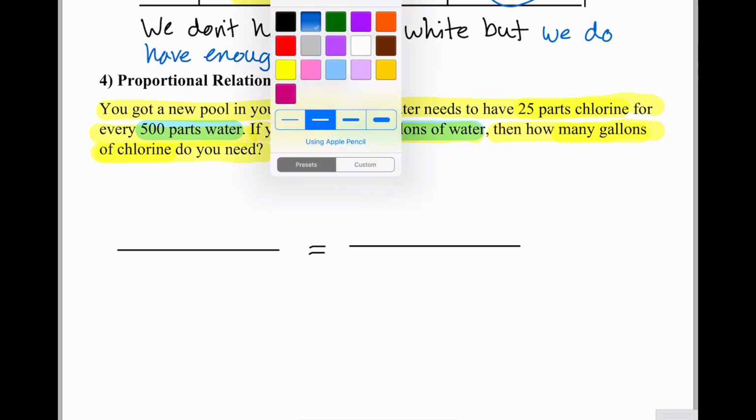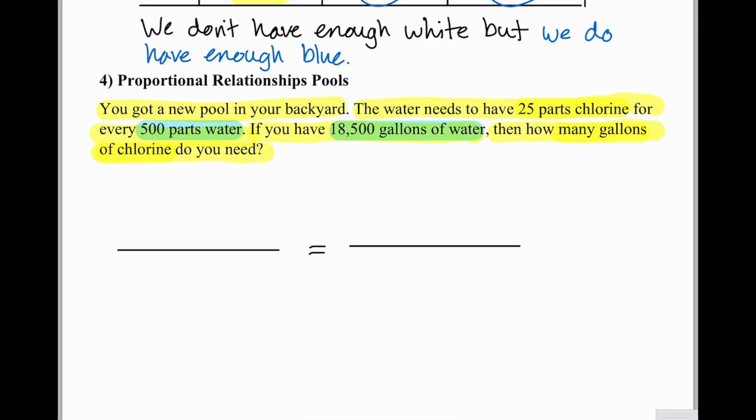My first thought was to create a proportion, create a rate with the given information. So we have 25 parts chlorine and 500 parts water.